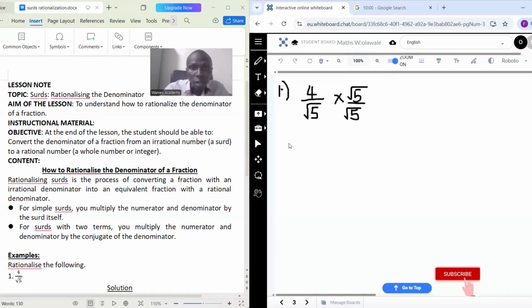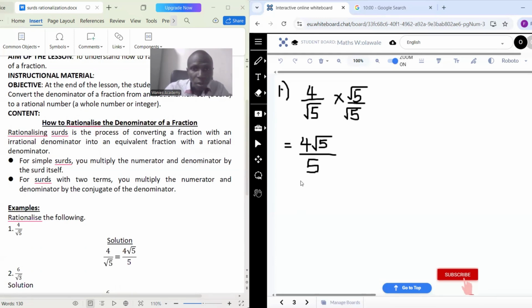So we now have 4 times square root of 5, which gives us 4 root 5. Then root 5 times root 5 gives us 5. So we have the answer to be 4 root 5 over 5.